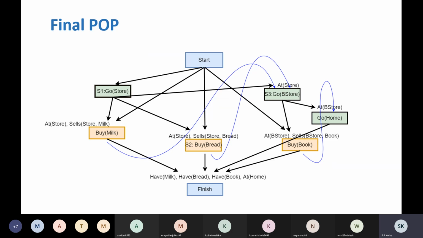So threats are removed. So the final partial order plan will look like this. This is the final partial order plan. Same thing, only now all links, causal links, are black color and demotions have been shown with blue color arcs.